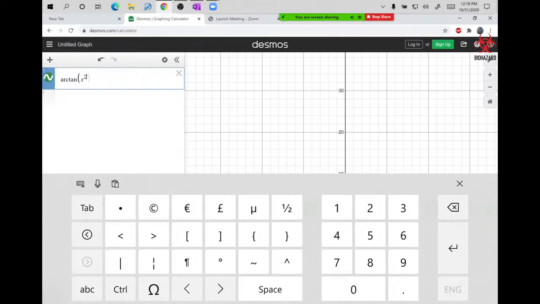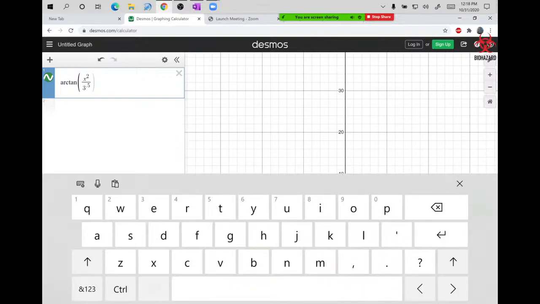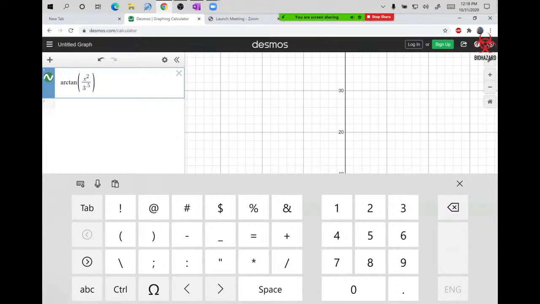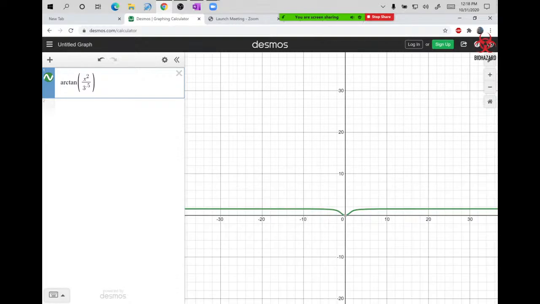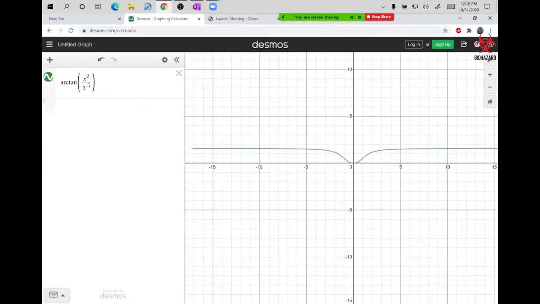Oh, I never escaped the x squared. There we go. X squared divided by 3 raised to 0.5. There it is.